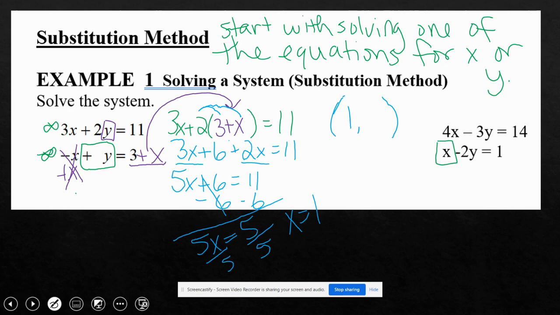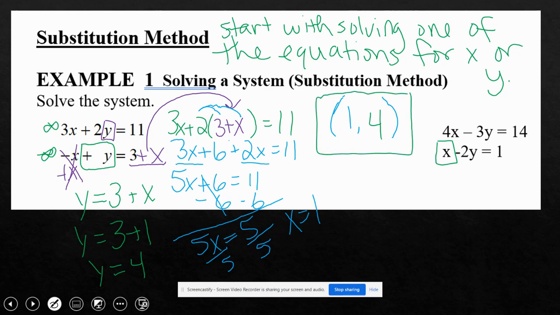I'm going to pick this bottom one, y equals 3 plus x, because y is already set by itself. So when I plug in 1 for x, it's a simple problem of 3 plus 1 is 4. So the solution to that system is (1, 4).